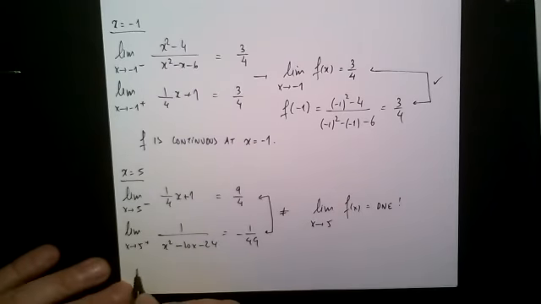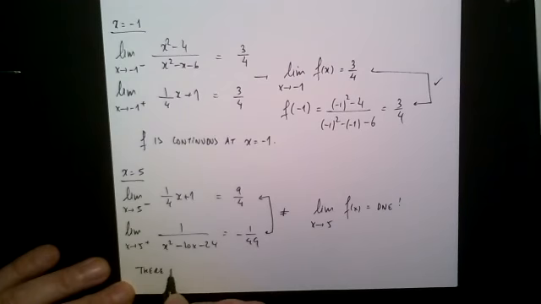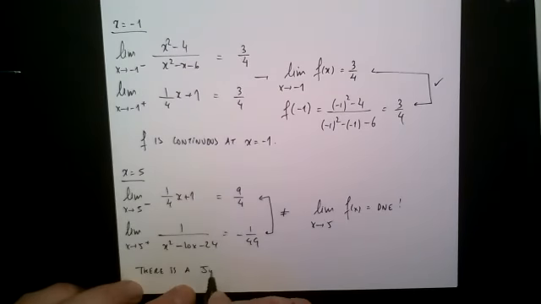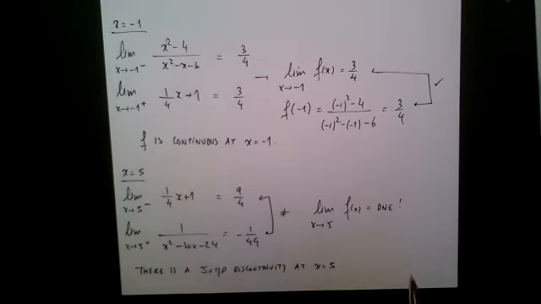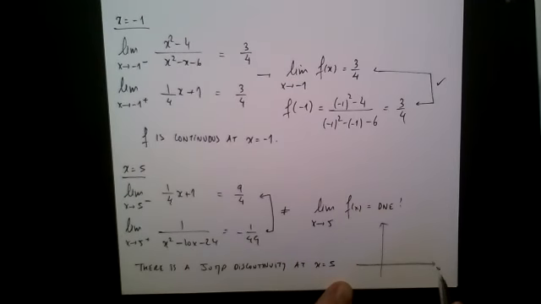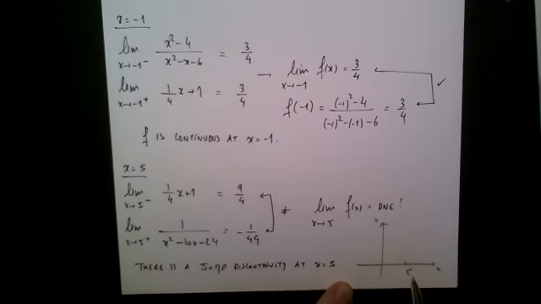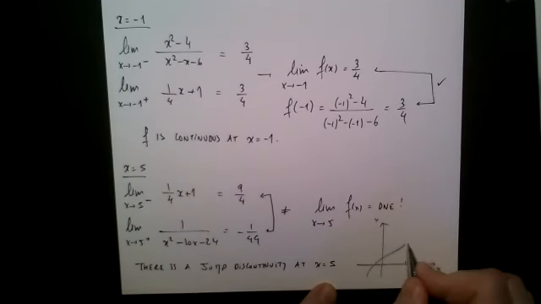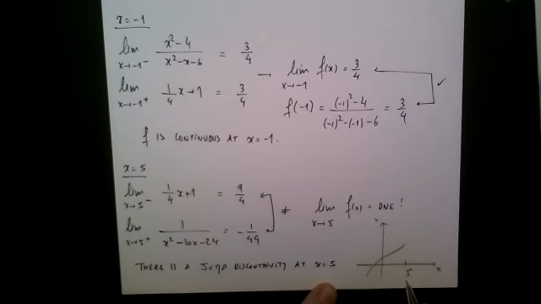And there is a jump discontinuity at x equals 5. So from the left it's 5 over 4, and from the right it's negative 1 over 49.